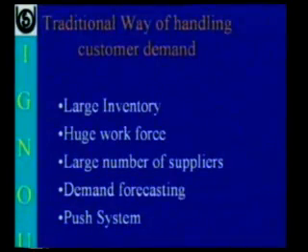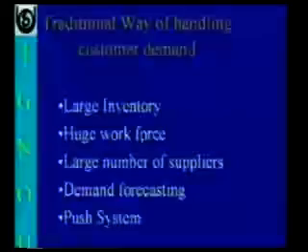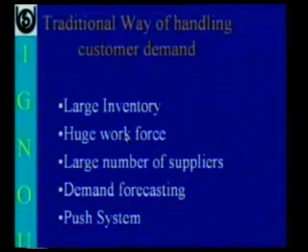Now, what is the traditional way of handling customer demand in an efficient manner? Previously, companies kept a large inventory to meet uncertainty. If they have a large inventory, they can easily meet the uncertainty. They kept a huge workforce, so that if somebody is not working, somebody else can work, and there is no uncertainty about the workforce.